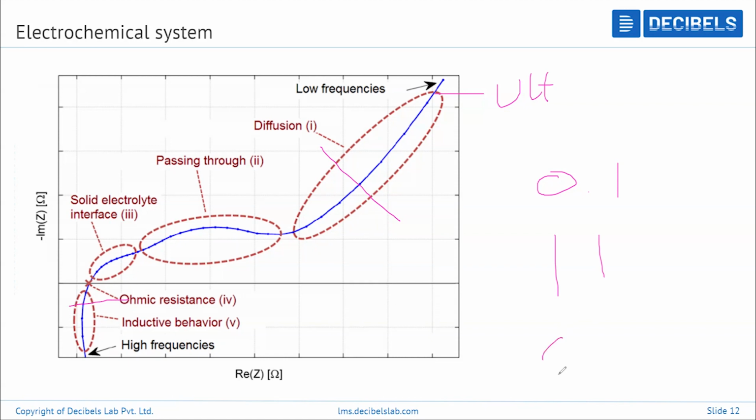So if you try to take 0.01 hertz, we can capture all the behaviors. So you can take this as ultra low frequency. So in this way, at the different frequencies, if you try to conduct, we will try to capture all these impedances.